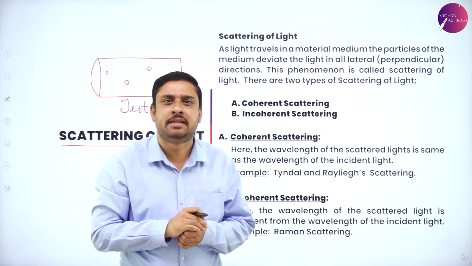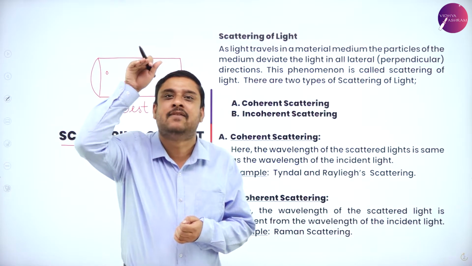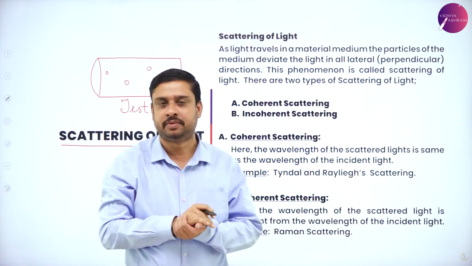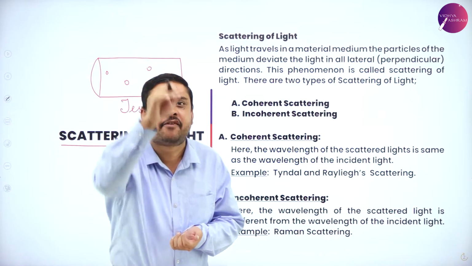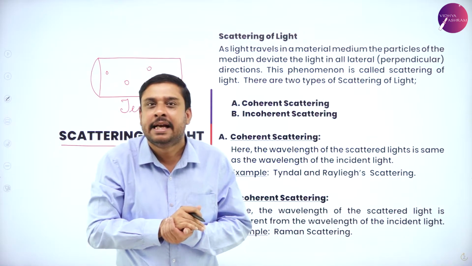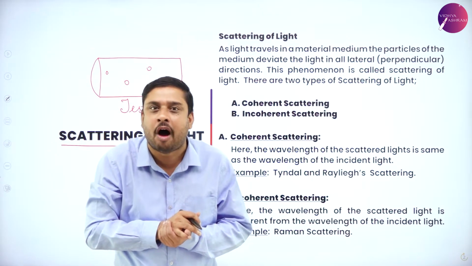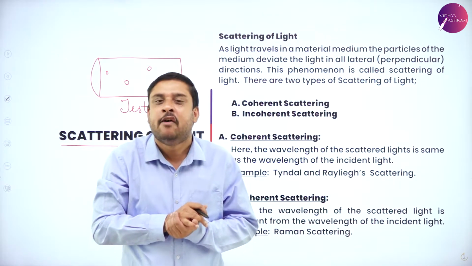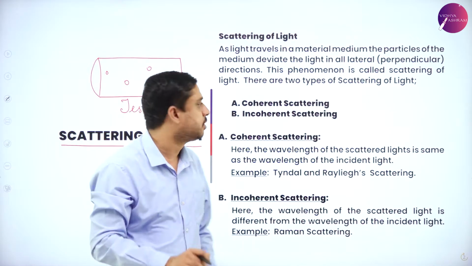My dear students, when light travels in vacuum, when light travels in free space, it is not scattered. It does not deviate from its lateral direction.